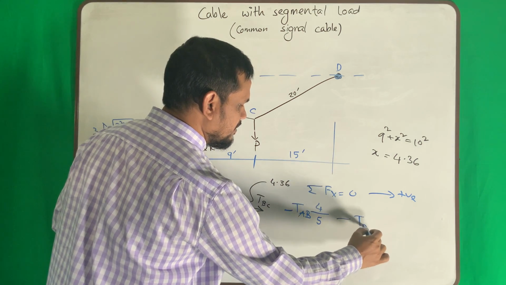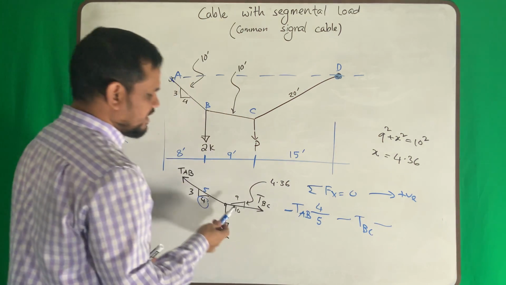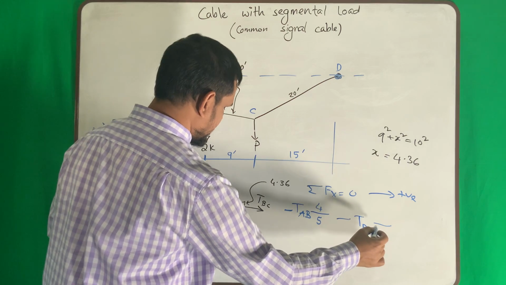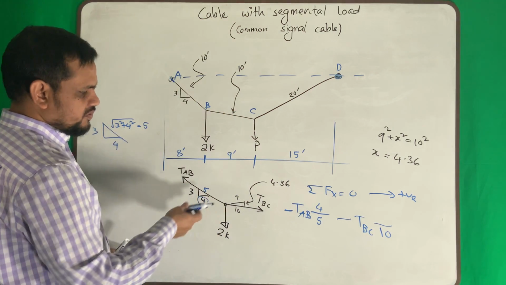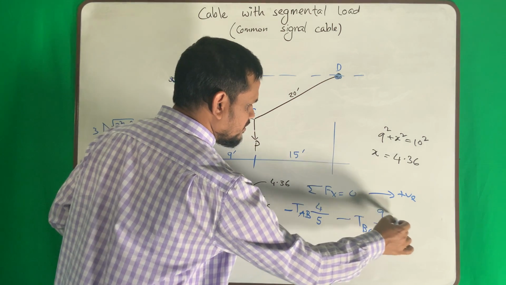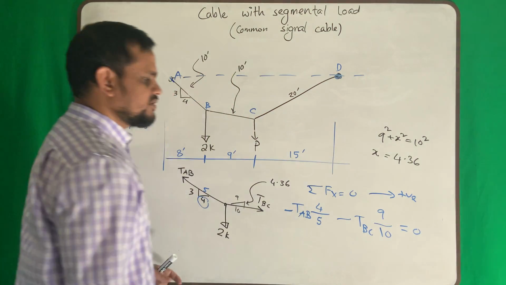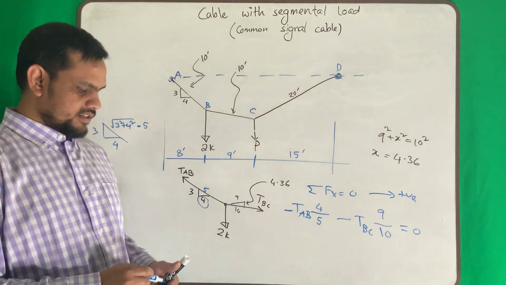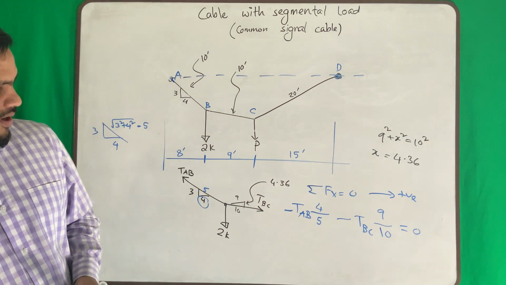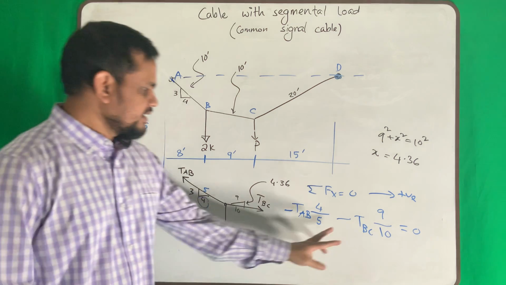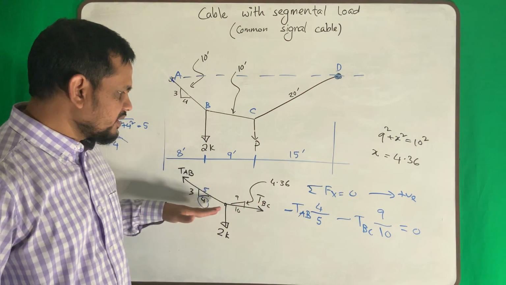So this side negative, other force is TBC that way. What is that component? Divided by hypotenuse times the corresponding side is 9. No other force in x direction, so that is 0. Is it negative? Because this is going that way.